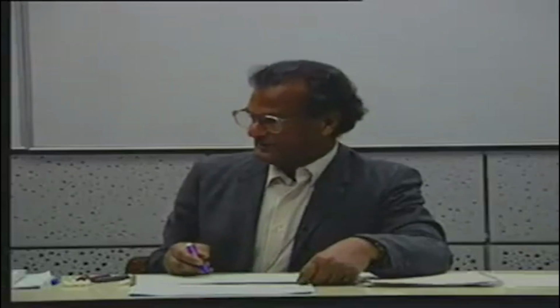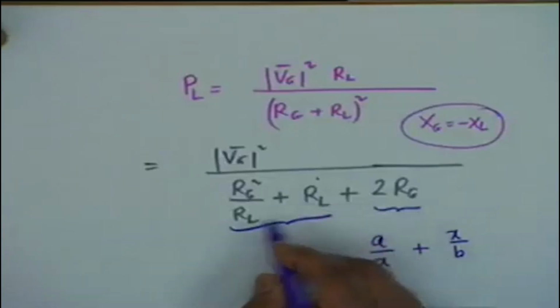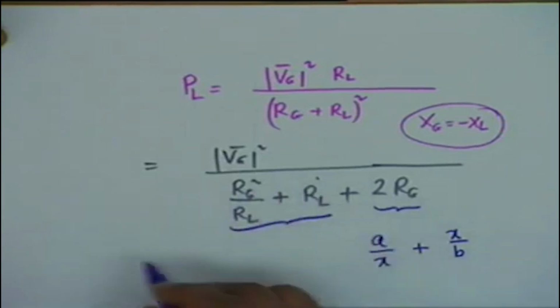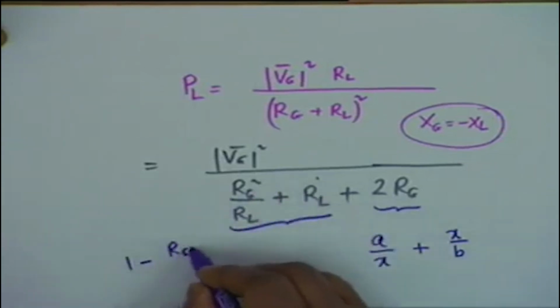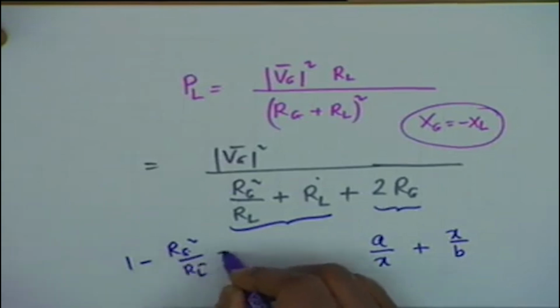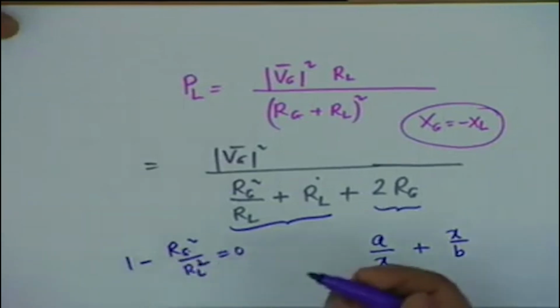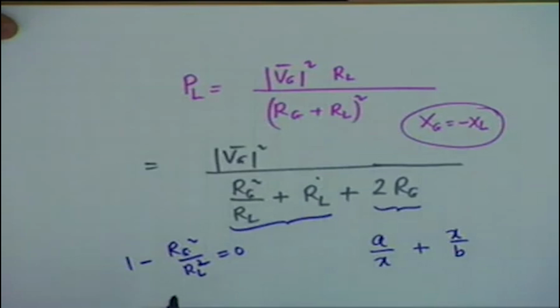You can verify this by differentiation, that is, d/dRL of this expression would be 1 minus Rg squared divided by RL squared, and if you put this equal to 0, obviously what you get is Rg equal to RL. Is that all right?